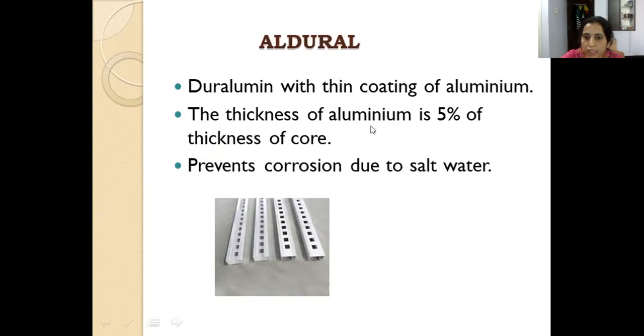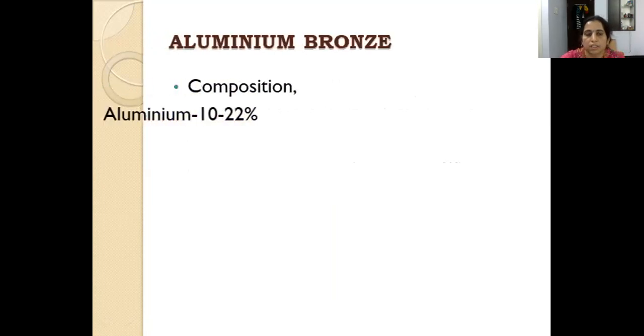The coating is about 5% of the thickness of the core. You have the core which is made of duralumin, then over that you have the coating of aluminum. And what are its properties? It prevents corrosion due to salt water.